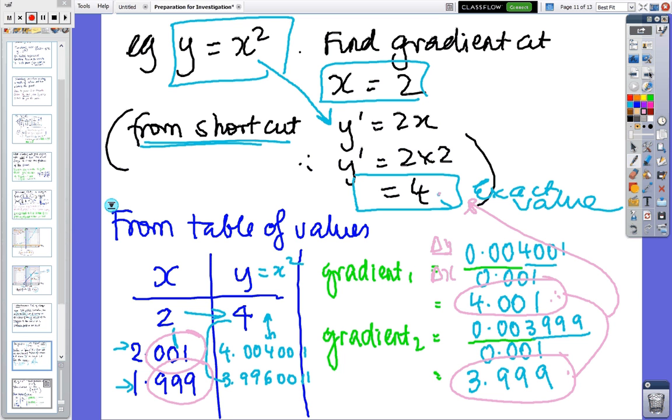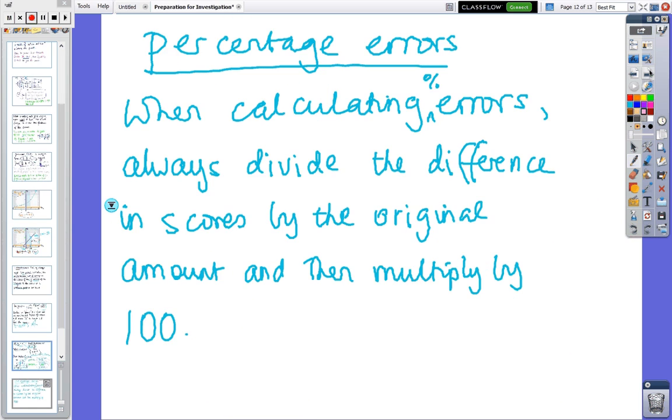Let's move across. The last couple of slides is just talking about errors. When you do it by hand and when you do it by table, you can have a difference, and we're going to look at percentage errors. When calculating a percentage error, we divide the difference between the numbers by the original score.